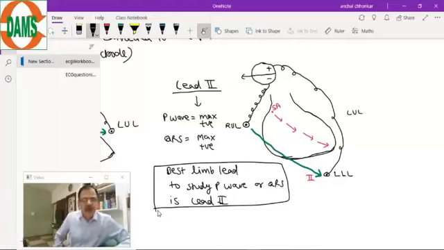Now the imaginary location of lead 2 in terms of degree axis. We always take lead 1 as the reference to see where the other lead vector directions are.